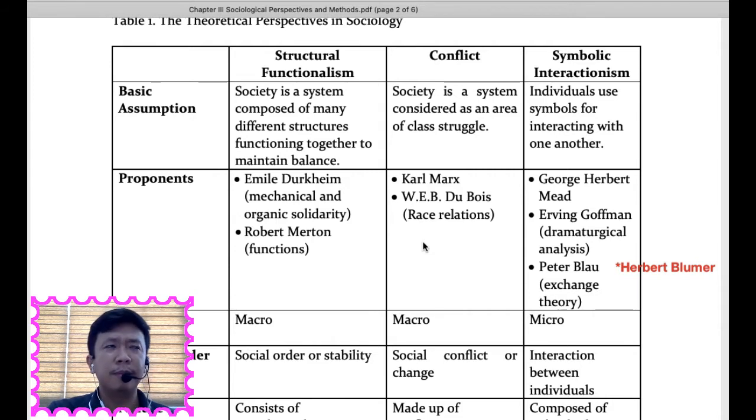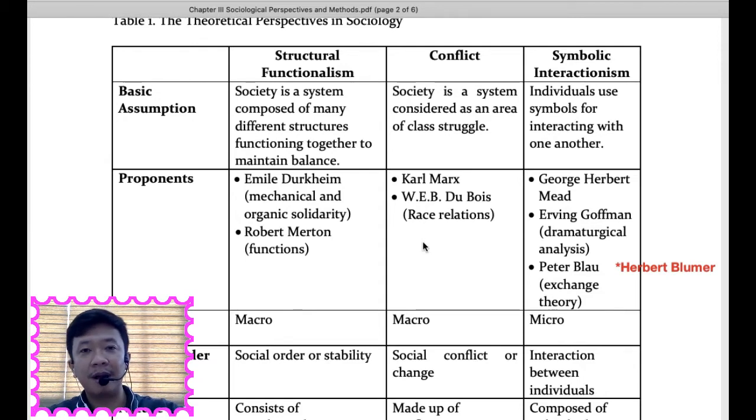Meron siyang libro, published in 1969 if I'm not mistaken, or 1963, si Herbert Blumer. Siya yung talagang nag-outline ng principles of symbolic interactionism. Right? So, I don't know if we will be able to touch on Herbert Blumer in higher social classes. But I think mahalaga rin na makita natin kung ano nga ba, no? Kasi siya yung nag-coin ng salitang symbolic interactionism.